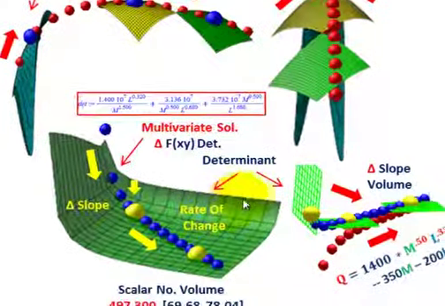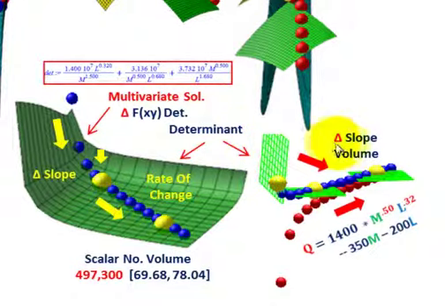So if we move over here, you can see, again, I've got them piggybacked. I just took that production function and plotted it underneath. You can see it's moving upwards, whereas our determinant is moving down.